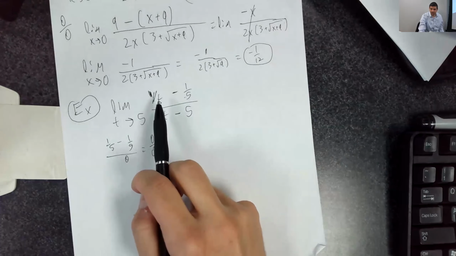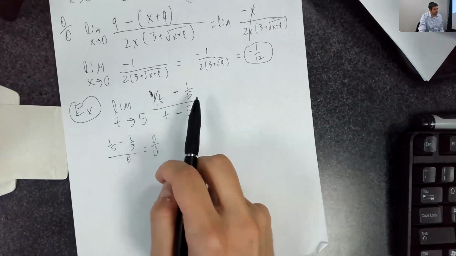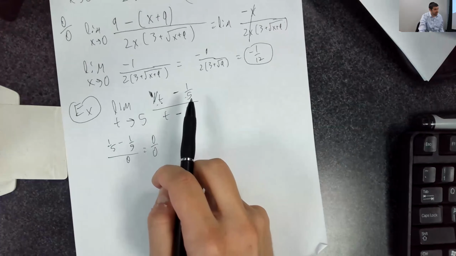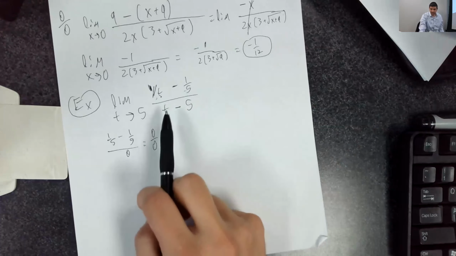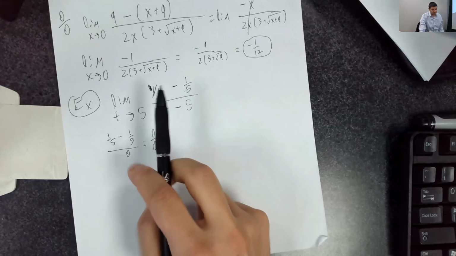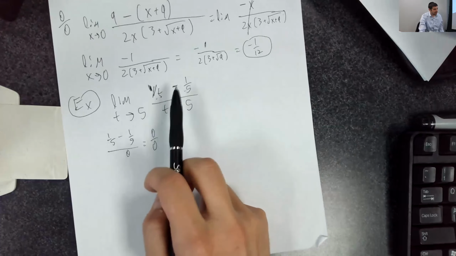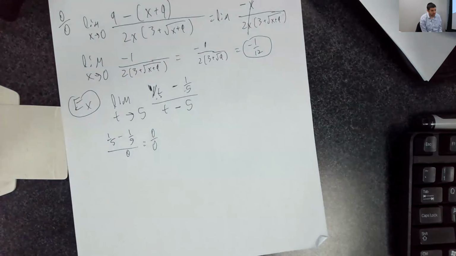Does anyone see the common denominator of 1 over t and 1 over 5? 5t, exactly. t times 5. So try that. Get a common denominator to combine the fractions in the numerator. That'll help you.